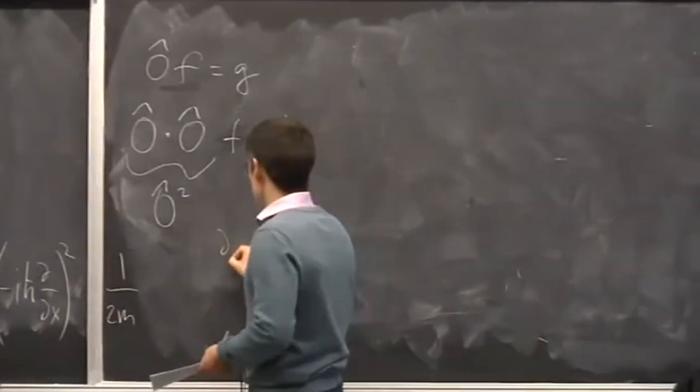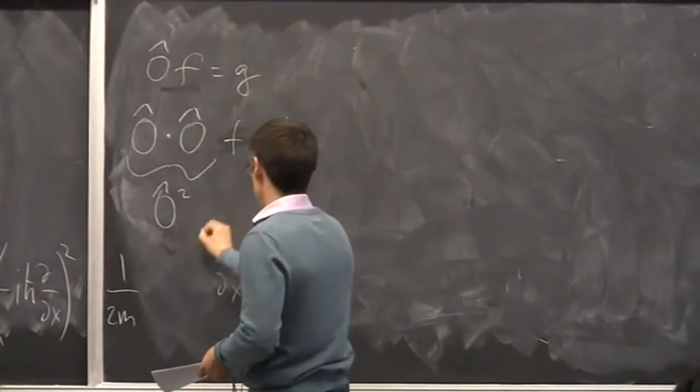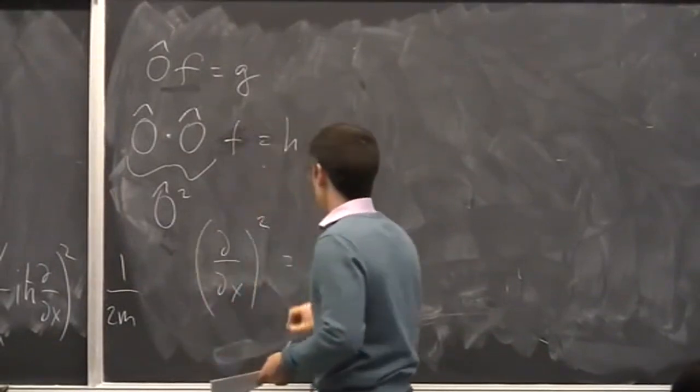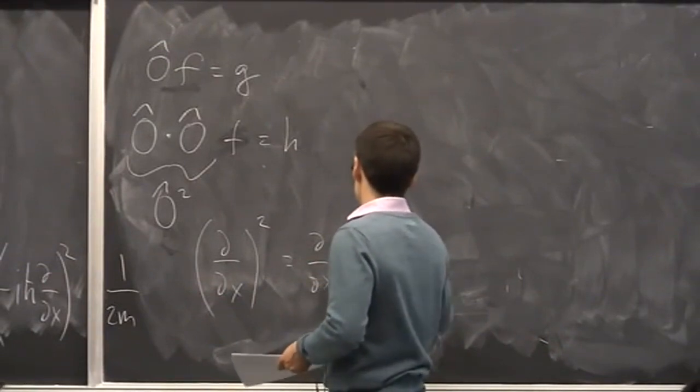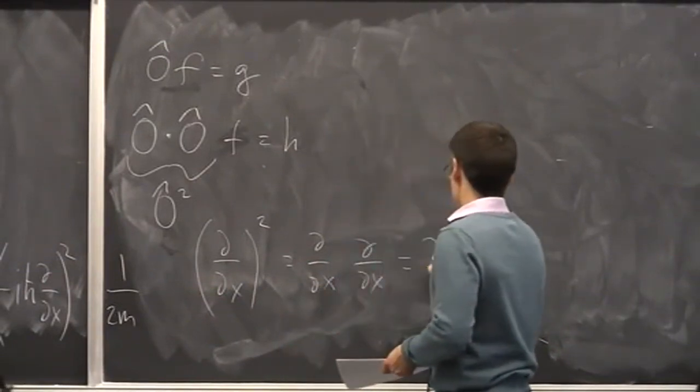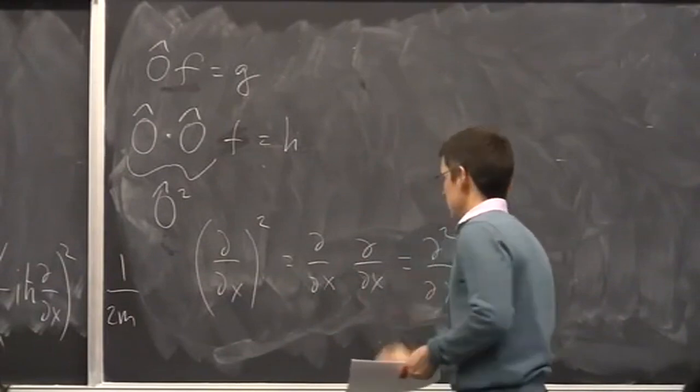So what does it mean, d over dx squared then? Well, this is just two differentiations, right? And that corresponds to d squared over dx squared, right? So the second derivative.